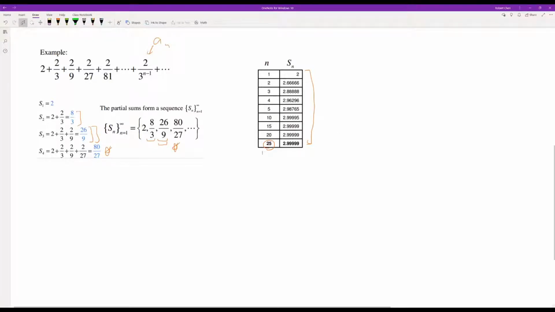So this is what we're going to be doing in this section: first, is there a sum? Or I should say, is there a finite sum? And second, if there is, what is it? That's what we're going to focus on in this section.